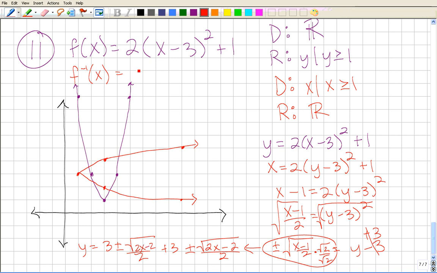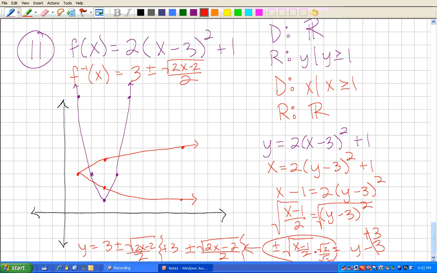So I'm going to rewrite that up here. Y equals 3 plus or minus the square root of 2x minus 2 over 2. Sorry, that got a little crowded there for a second.